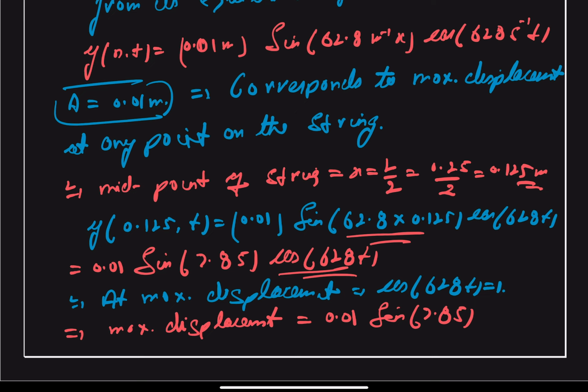So for maximum displacement, it should be 0.01 sine of 7.85 and its maximum value.